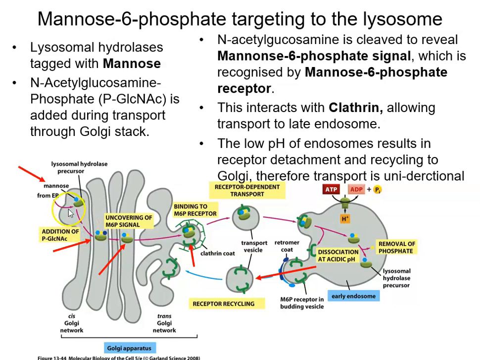So this is not all post-translational modifications, this is just one specific example of one specific protein. And as you look at more proteins, you'll find a whole diverse array of post-translational modifications that get added in the Golgi, usually to activate a protein, but there are lots of different types.